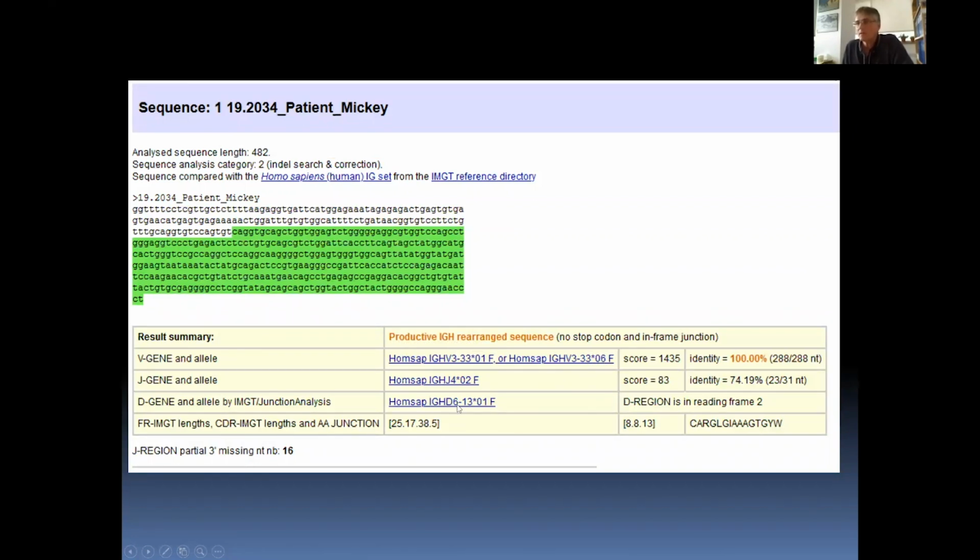The D fragment is the D6-13 allele 01, and the J fragment is the J4-02. Now, if we compare the V fragment of our specimen to its germline form, we see that it's 100% homologous. That means it's unmutated. Therefore, this patient has an unmutated V region. Therefore, this patient has a poor prognosis.